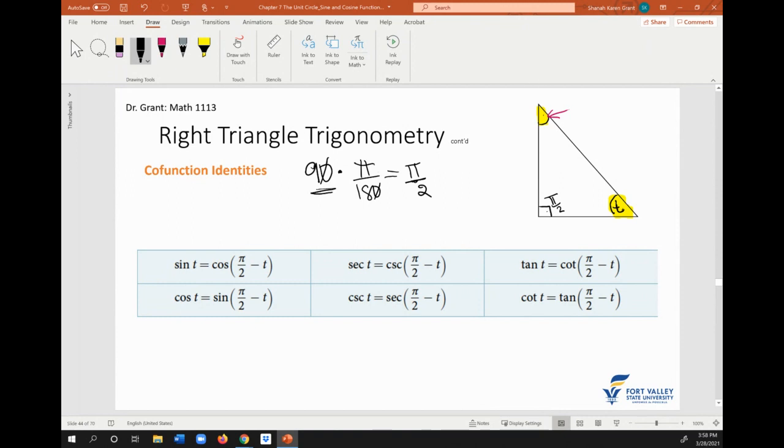And we just stated that 90 degrees is pi over 2, so this angle is going to be pi over 2 minus t, or you can say 90 minus t is going to give us that angle.